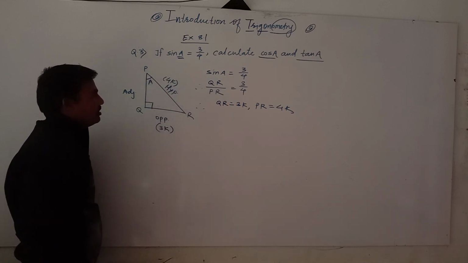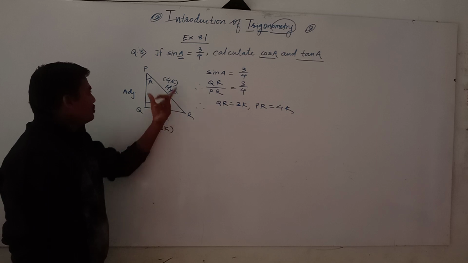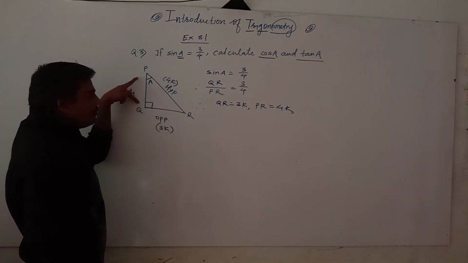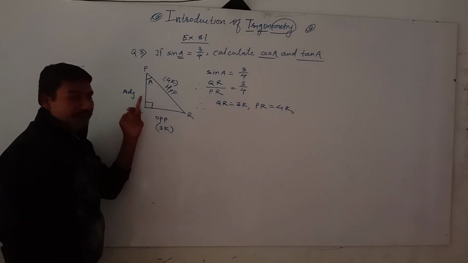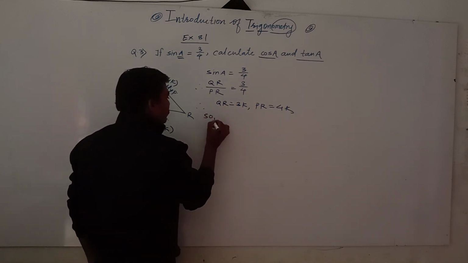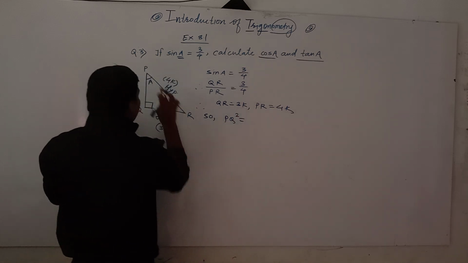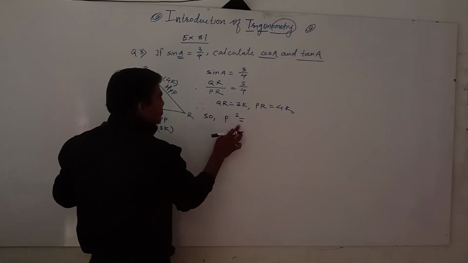Okay, now two sides are given, one side is remaining. I want this adjacent side also. By using Pythagoras, I want to calculate PQ.